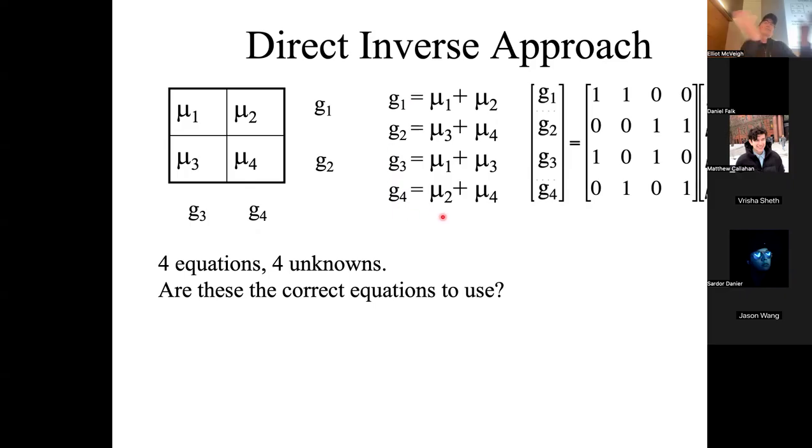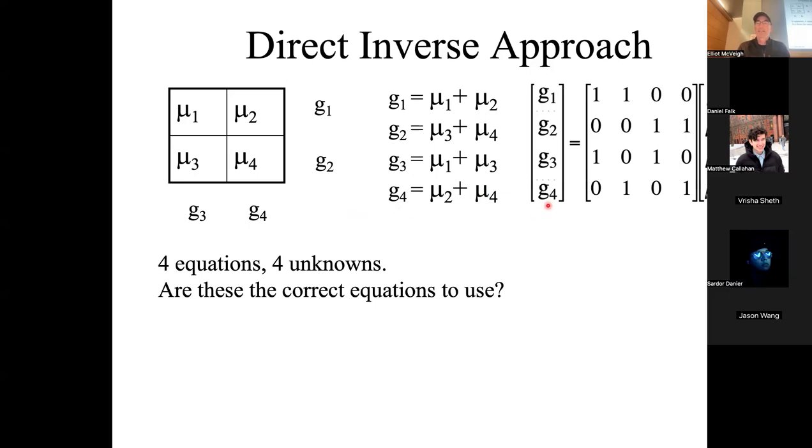And from your first year linear algebra, when you look at this and you say, oh, I've got all these numbers, I need these ones, that's just an inversion, right? That's just matrix inversion to solve for the unknowns. I've got 4 measurements, 4 unknowns. So I've got 4 equations, 4 unknowns, should be able to solve for those unknowns.